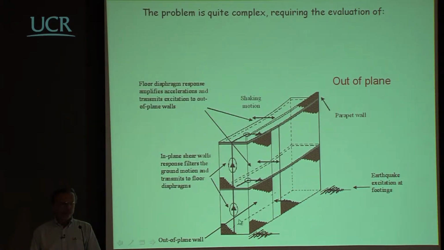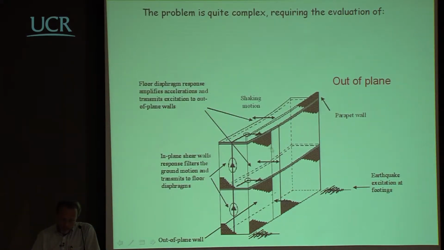If you assume to have one main period of vibration, what we are going to have here, in terms of acceleration spectral shape, will be much more concentrated around the period of vibration of the structure in this direction. So the excitation at this floor will be very different from the excitation at the base.